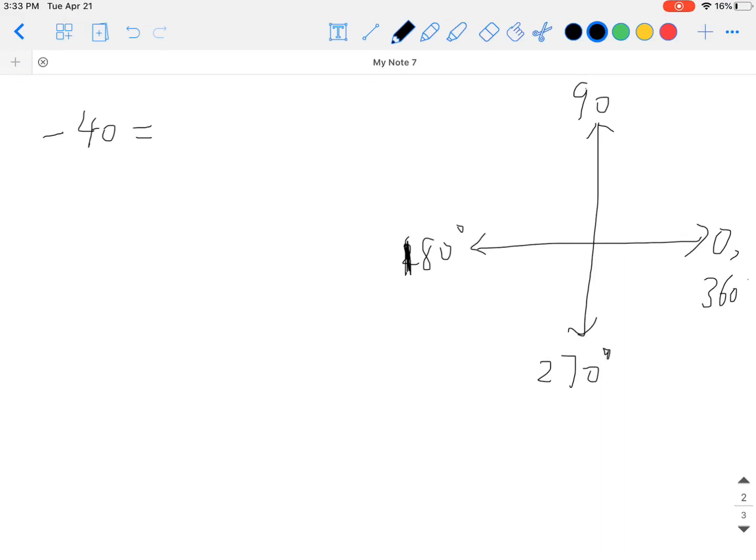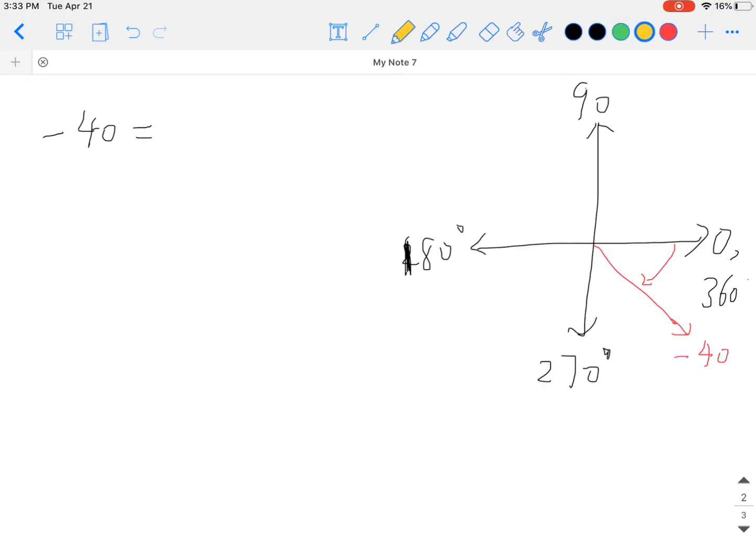So it can be 0 and 360 here. If we go this way, it is always positive. If we want negative, we will go the other way around. So counterclockwise is positive, clockwise is negative. So if we have negative, it means we go clockwise, and we stop right here. This is negative 40 degree.